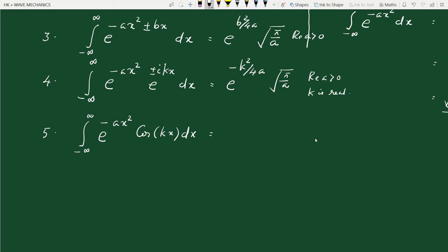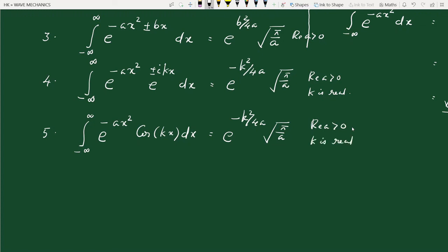You can show that cos kx is the real part of e raised to plus or minus ikx, right? Therefore, the result of this integral is the real part of this result, and this result is again real. So this integral is also equal to e raised to minus k square by 4a root pi, where the real part of a is greater than 0 and k is real.